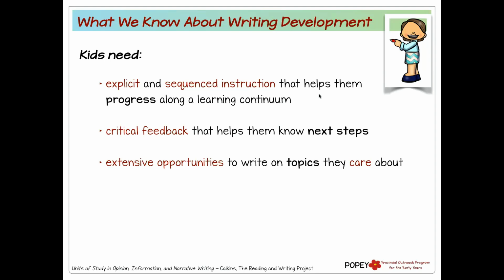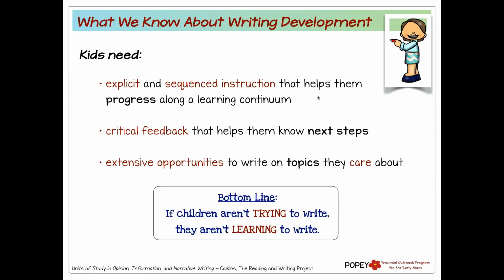And we're providing critical feedback, meaning explicit and timely feedback that's going to move our students forward with next steps, and tons of opportunities to write on topics that they care about. What we know is that if children aren't trying to write, they aren't learning to write. So tons of opportunity as well, for sure.